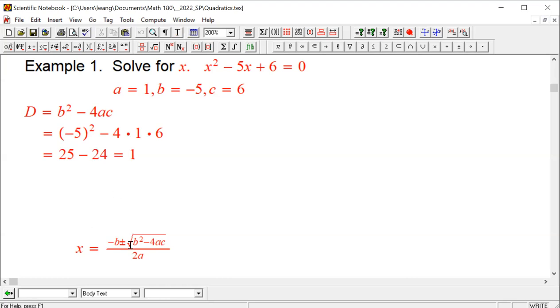Once I get my discriminant settled, the rest is easy. I can just replace this piece by the discriminant because I don't have to calculate it all over again, right? And then I'm going to plug in. B is -5. D is 1, already found it. A is 1.